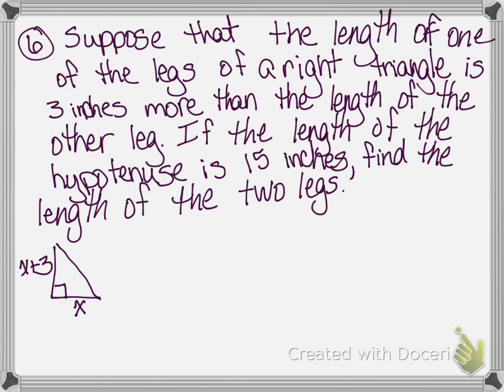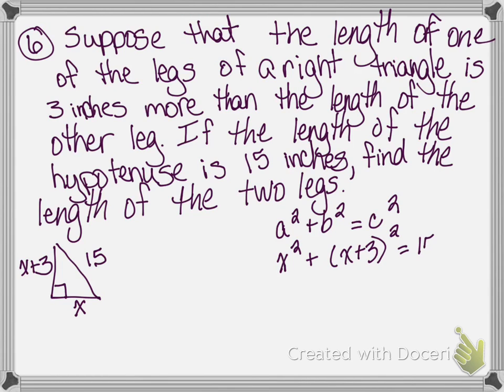If the length of the hypotenuse is 15 inches, find the length of the 2 legs. Okay, so here's the hypotenuse. It's 15 inches. So I have a squared plus b squared equals c squared. So x squared plus x plus 3 squared equals 15 squared.